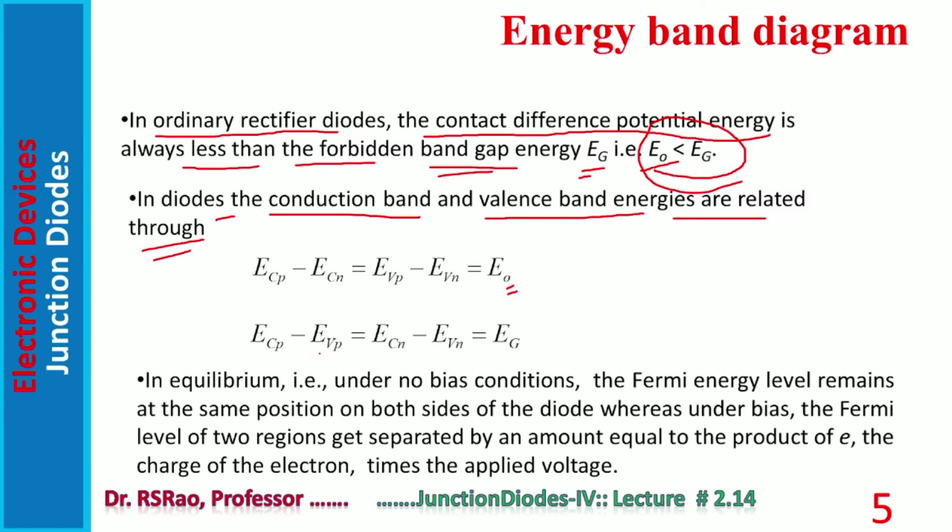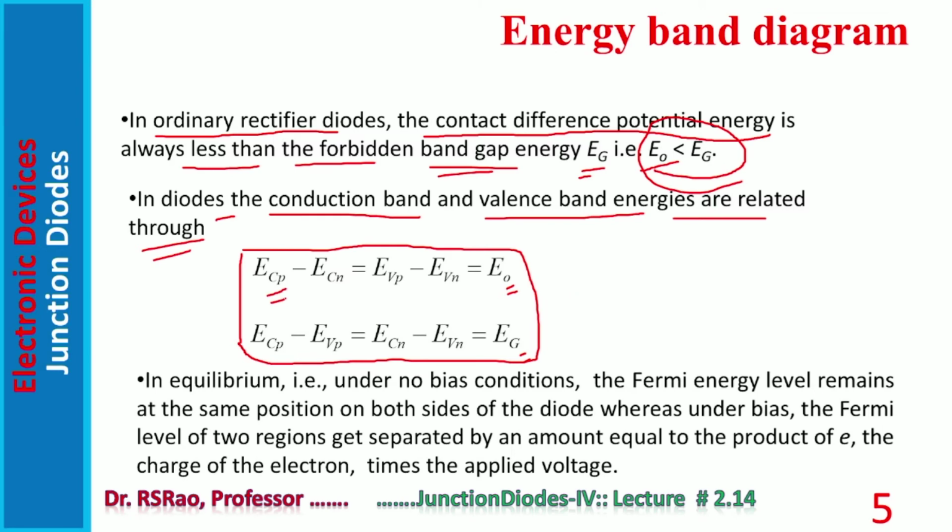ECP minus EVP is equal to ECN minus EVN, equal to Eg. These energy levels are already identified in the diagram in the previous slide, so they don't require further explanation.